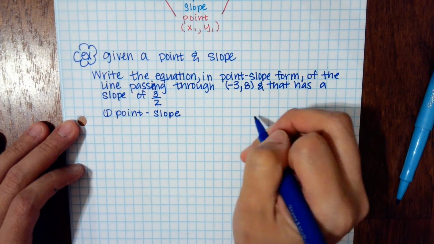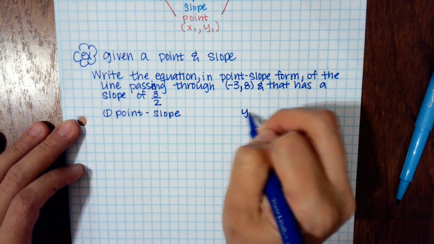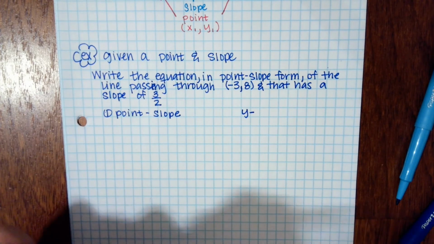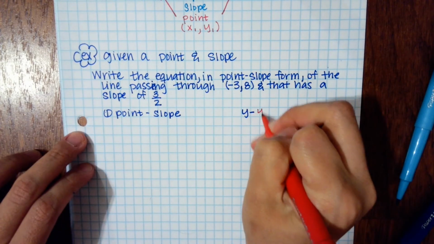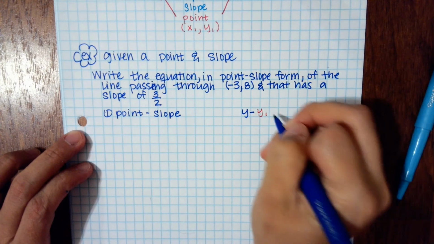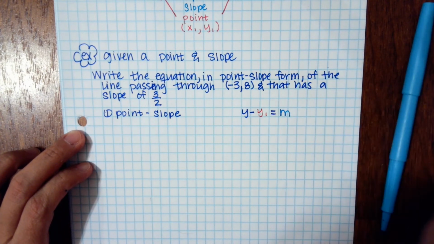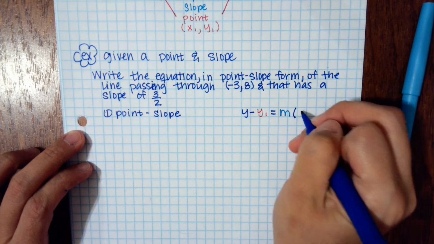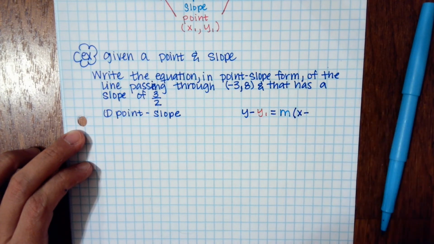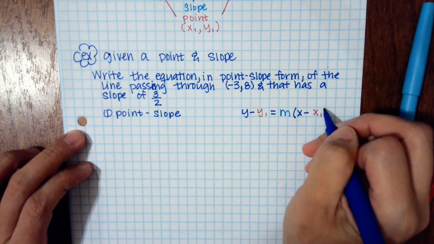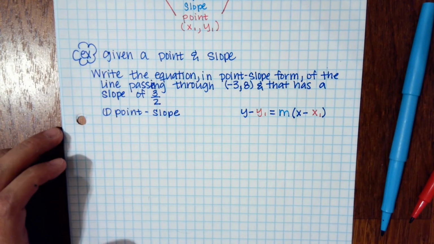I usually like to write it out just because it's a good reminder of what it looks like, and I know exactly what I need to fill in. Yes, I'm doing it in pretty colors so we can keep it color coordinated just for the notes. So y minus y1 equals m times x minus x1.